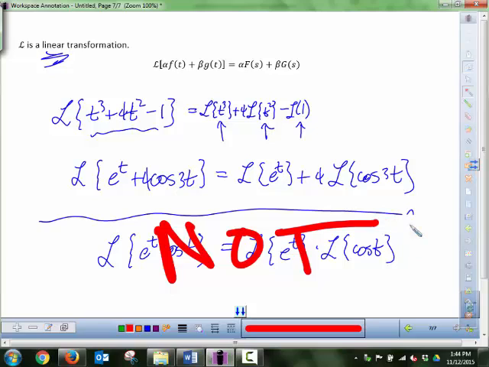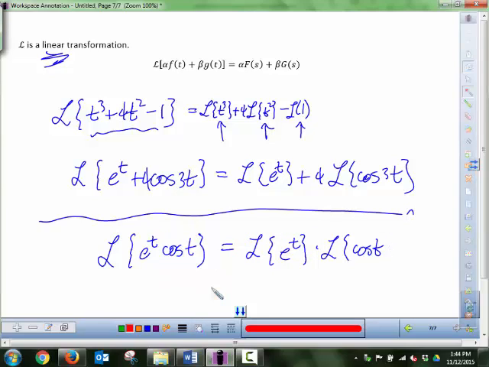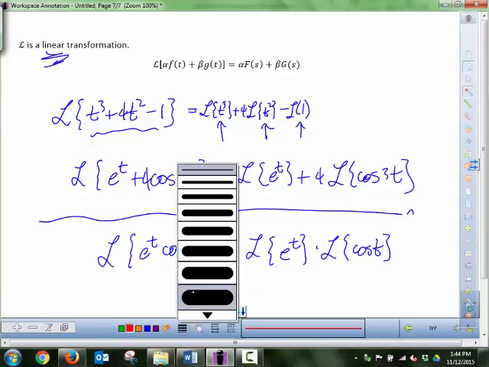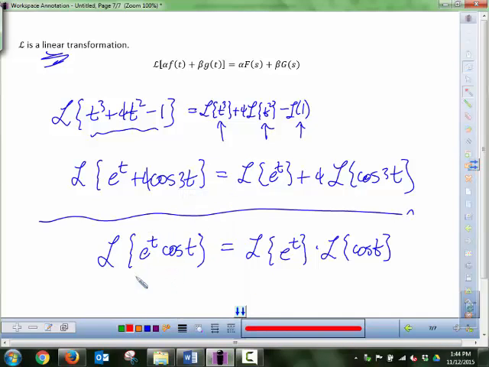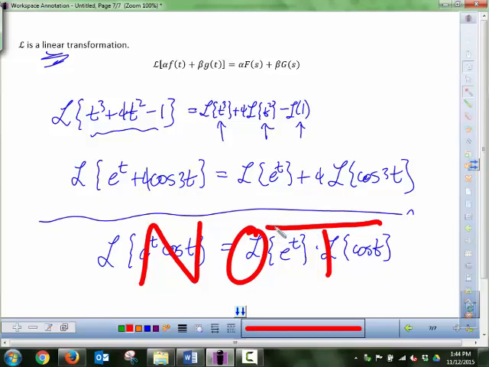So multiplication doesn't apply to linear transformations. Scalar multiplication, when you have just a constant out in front, is not a big deal, but regular multiplication doesn't work. Let me write this a little bit neater. Okay, so that's the linearity property we can now exploit.